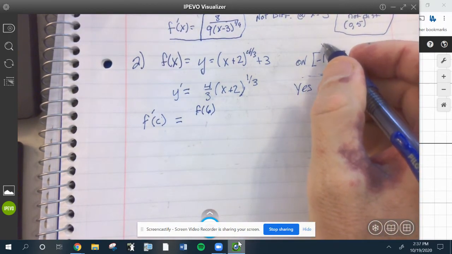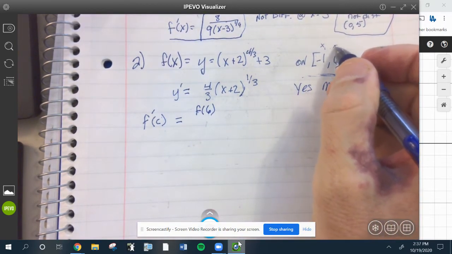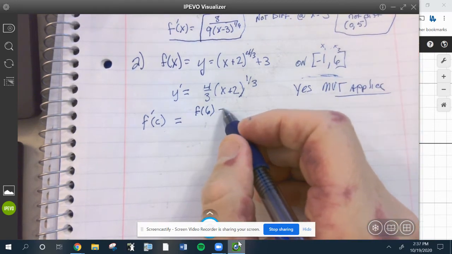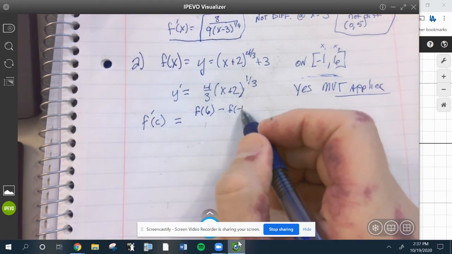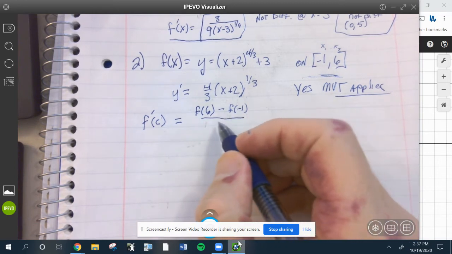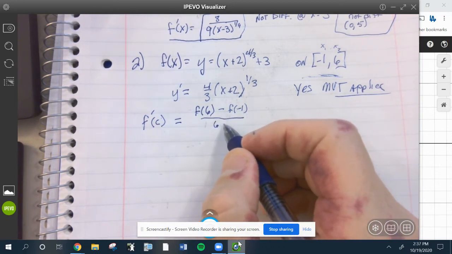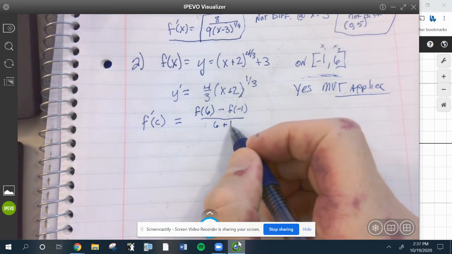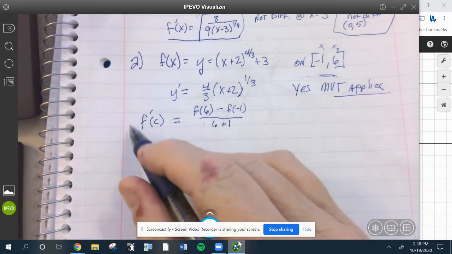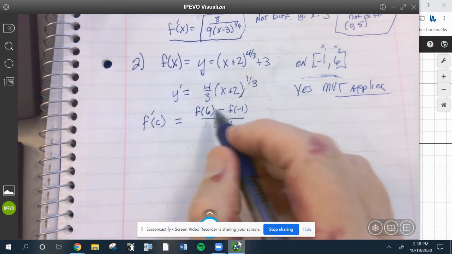Think of this as x1, x2. If you like the formula, it's f of b minus f of a over b minus a. So we have to find this value of c that's true for here.